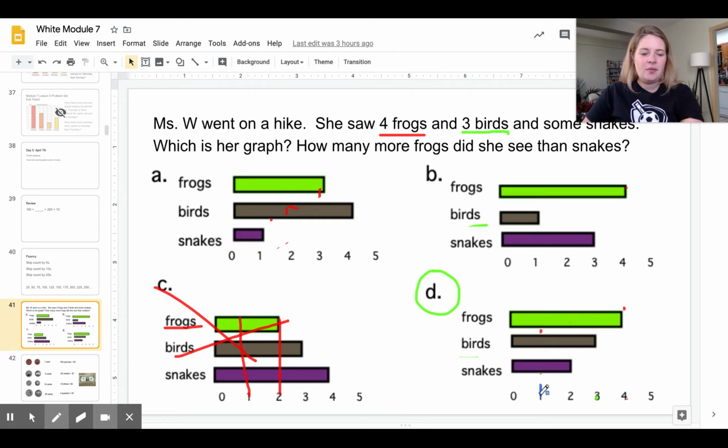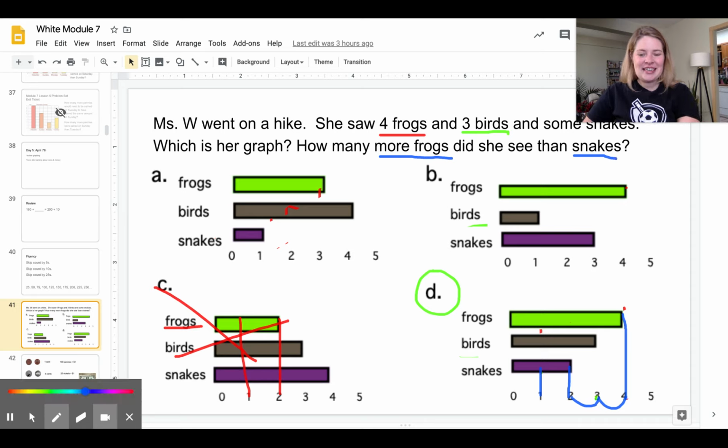She saw 1, 2 snakes. And how many frogs did she see? 4 frogs. How will we get from 2 to 4? Let's count the loops. 1, 2. So she saw 2 more frogs than snakes. Great work, friends. I'm very proud of you.